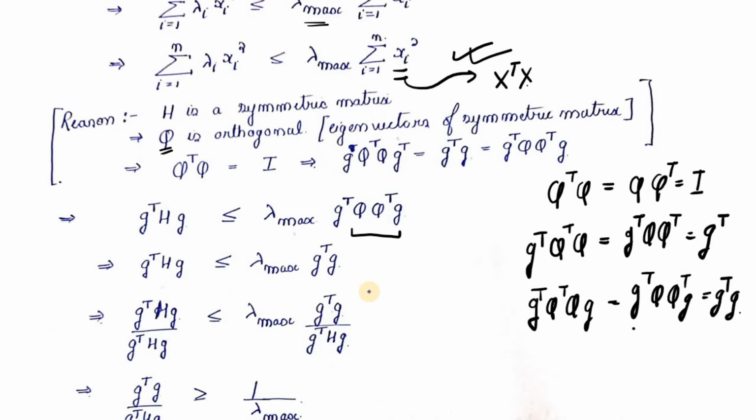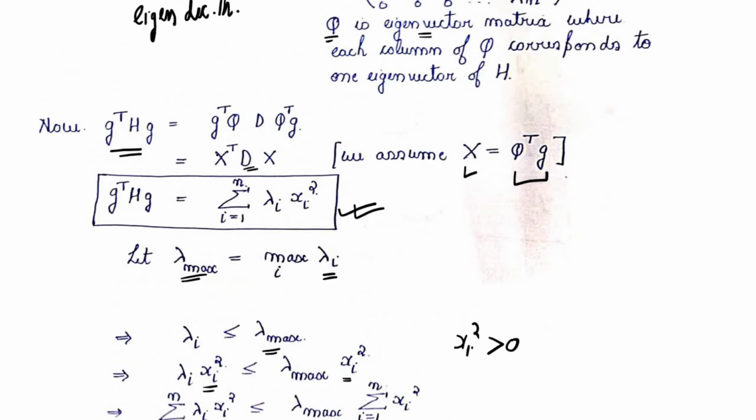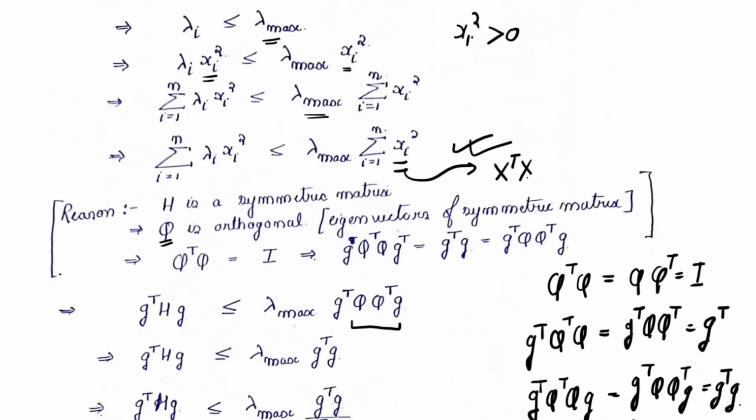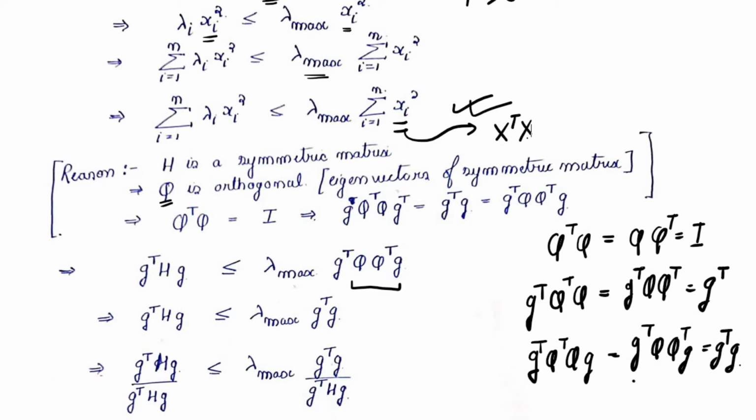Now we replace a term with the substitution we have made for X. The value of X was Q transpose G over here. So we replace with Q transpose G. X transpose becomes G transpose Q into Q transpose G. We do this substitution basically. X is equal to Q transpose G.